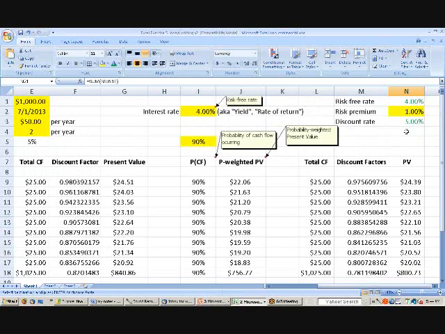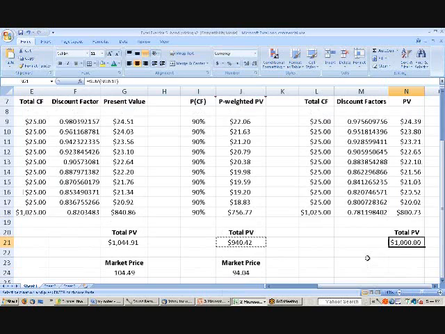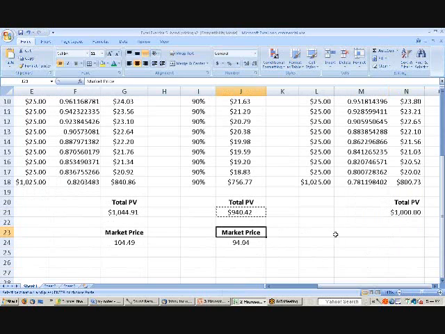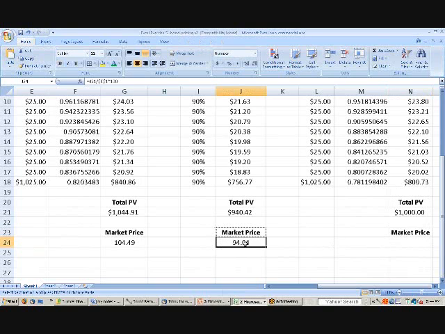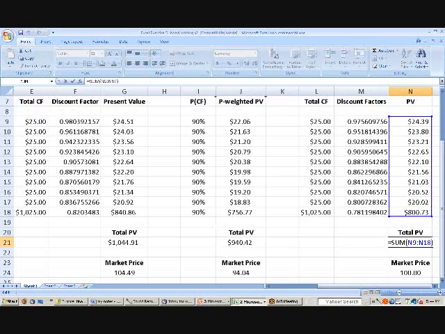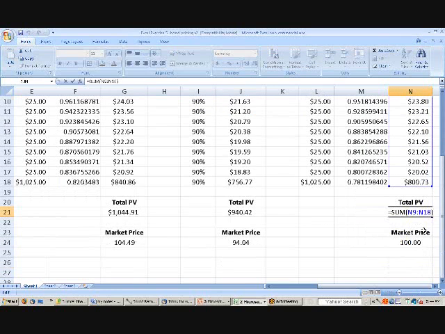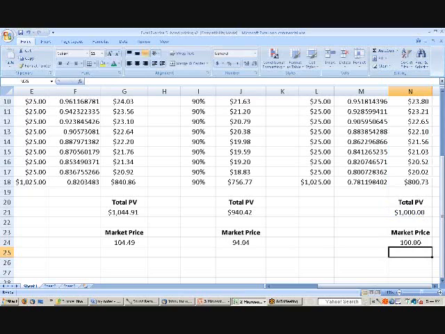Okay, so it's 1,000 because our discount rate happens to be the same as our coupon rate. We'll change that in a second. And then our market price, so this is just summing up all the present values here, and then this is just dividing the present value by the face amount and multiplying by 100.